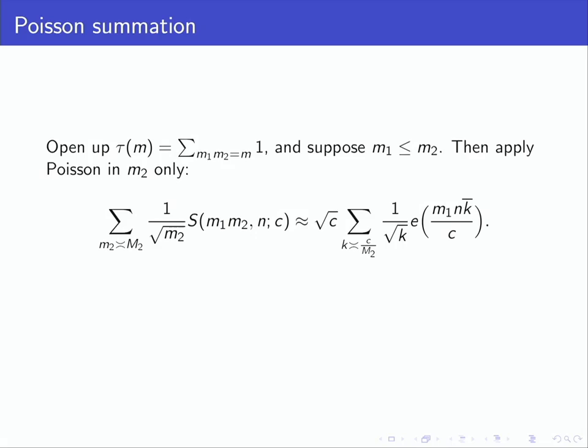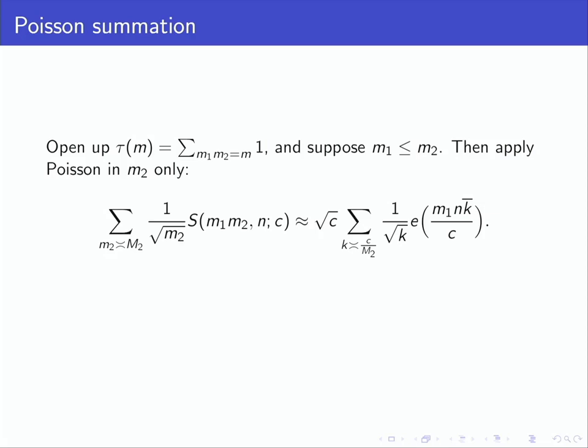So what we're going to do is, we found this big loss from doing Voronoi summation. We found that unappealing. So what we want to do is minimize our loss right from the get-go. So let's open up tau of m as a sum over m1, m2 with m1 m2 equals m. And by symmetry, let's suppose that m2 is the larger one. And then let's only do Poisson in m2.